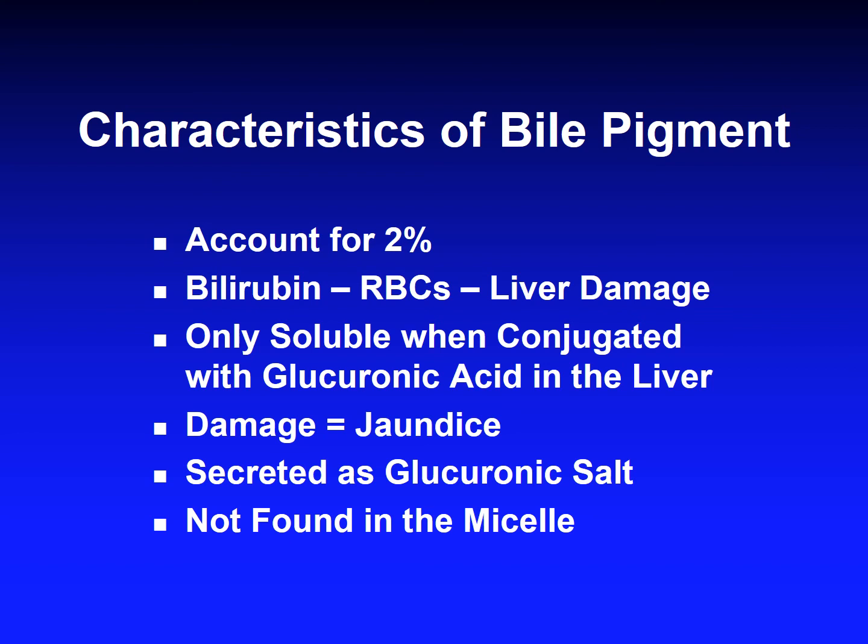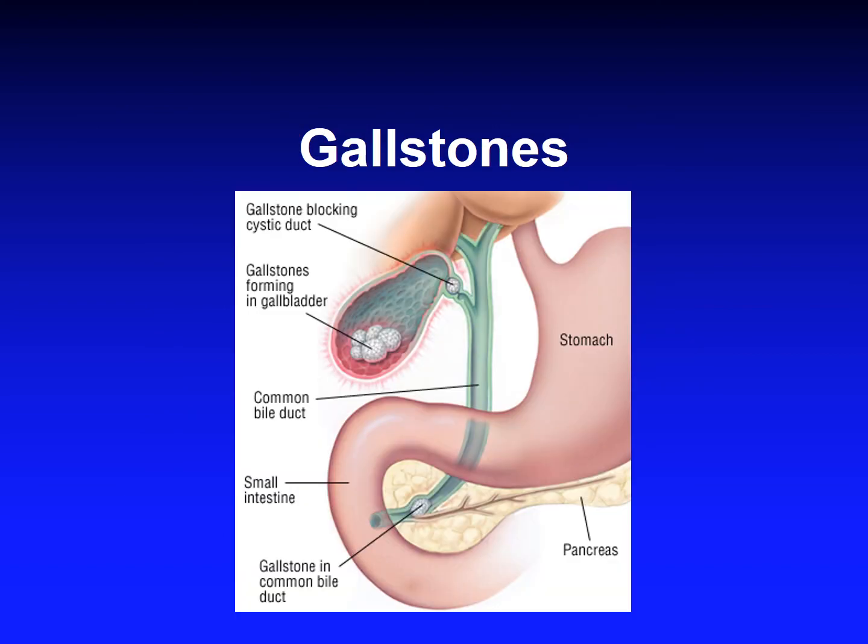This is a picture that shows the stones in the gallbladder, and again it's attached to the liver. When the stones block the duct that releases bile going to the upper small intestine, it's a problem in fat digestion.